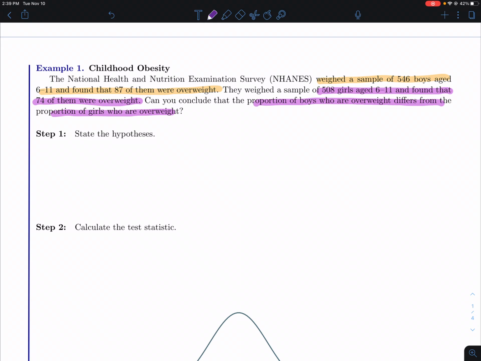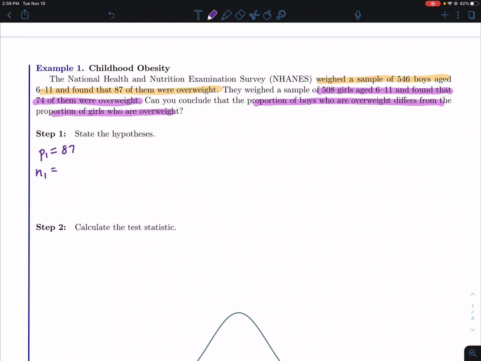In this case, "differs" tells us that we're going to use the equals, not equals situation. But before we go down that road, let me write down some stats here. I'll do boys as the first one. So our count of boys is the 87 that were overweight.